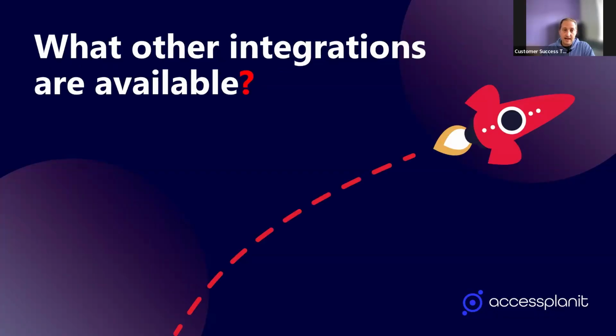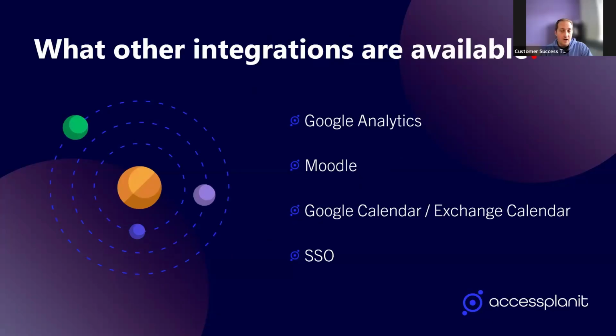We're now going to have a look at other integrations that are available. So we're going to talk about ones that are already available for your platform, what they do. It's hard to keep up with and know what's going to be helpful for your business, so hopefully this section is going to help you with that. We're going to have a quick whistle-stop tour of the following integrations.